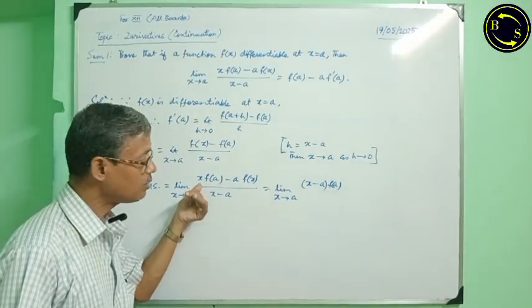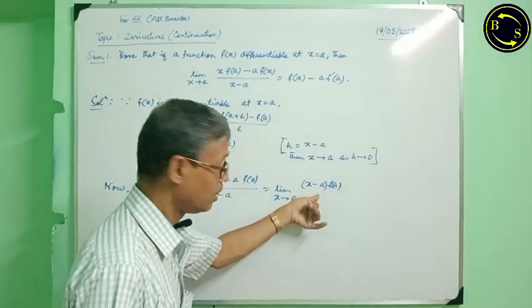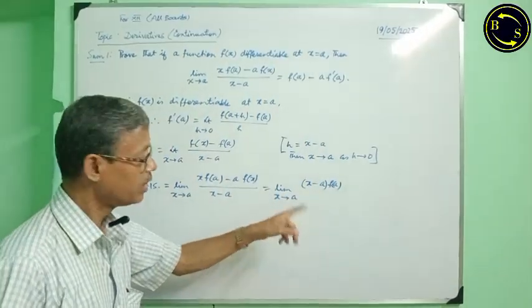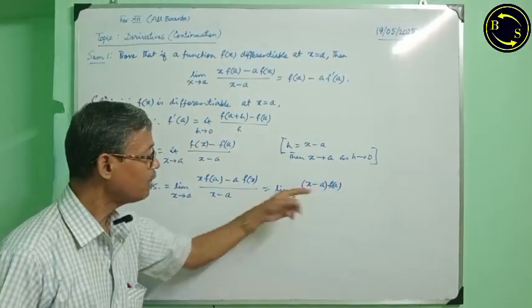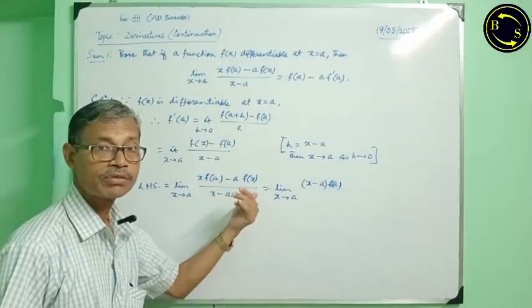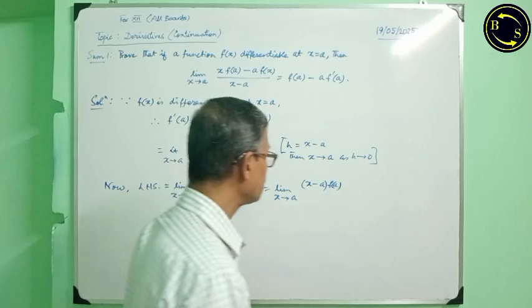In place of x, I have written x minus a. The product will be then x into fa minus a into fa. But a fa is not there in this expression. That is to be adjusted.